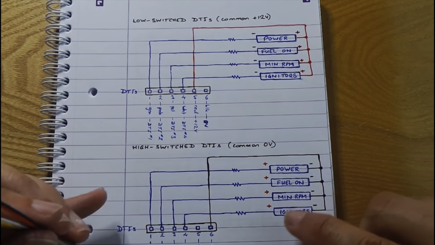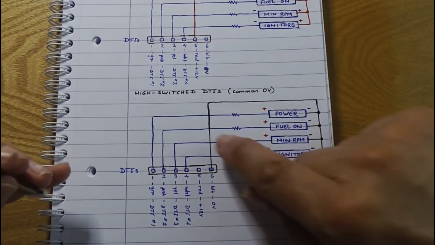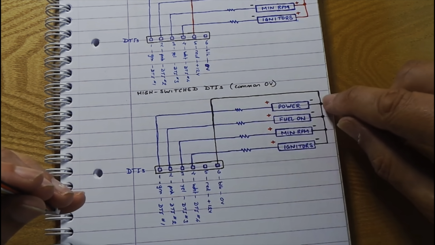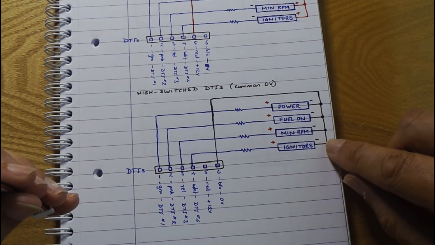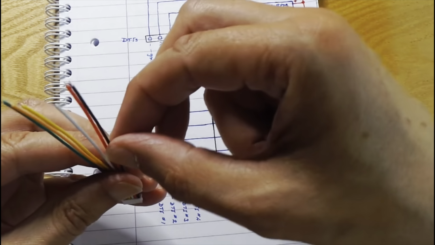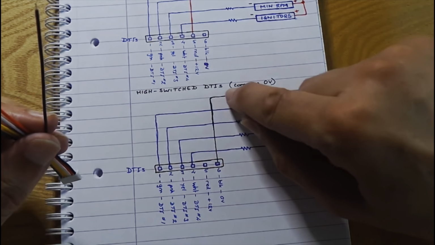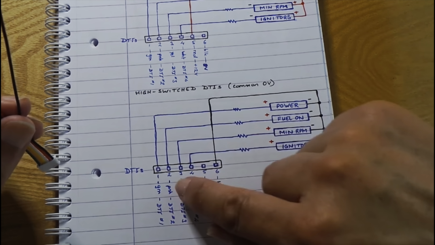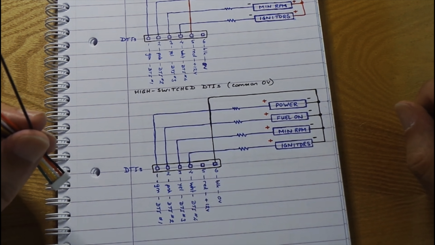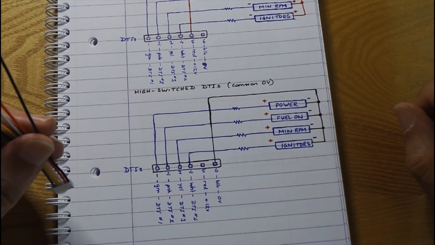The alternative arrangement is the common low side, where we have the low side, the negative side of all of the indicators, joined together and joined to the black wire, which is on pin 6, and then the individual dash top indicator lights drive high, that is to 12 volts.